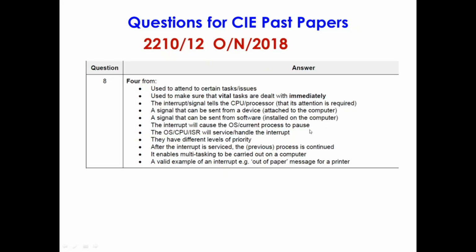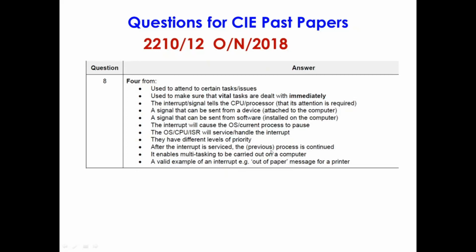The interrupt will cause the operating system process to stop. The operating system will pause the process, and the CPU's interrupt routine will service and handle the interrupt. So the interrupt is dealt with by the interrupt handler, and there are different levels of priority.